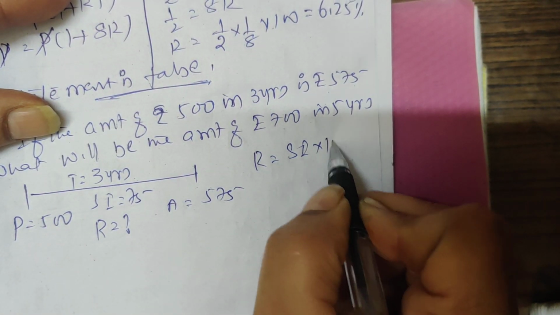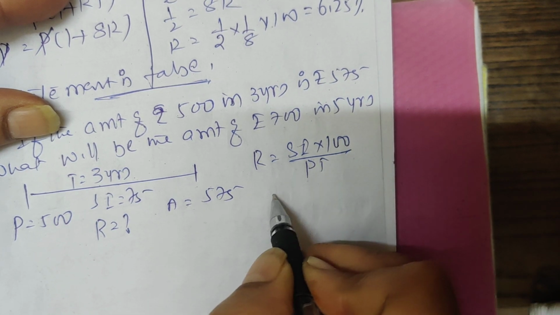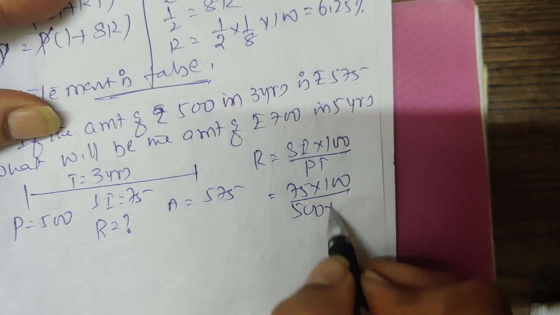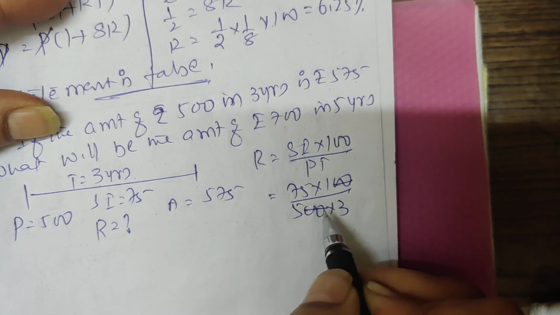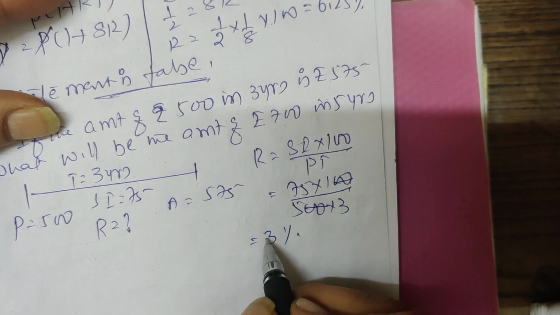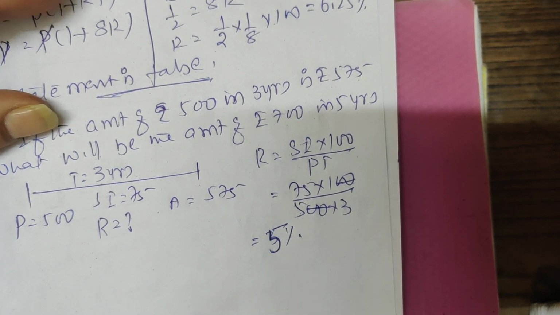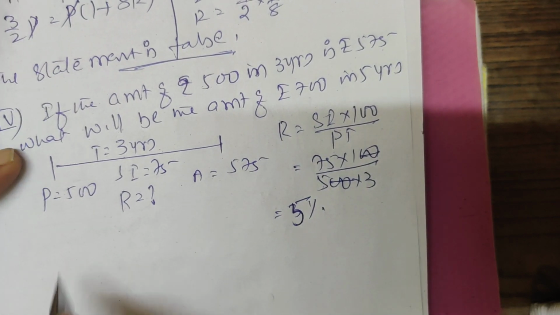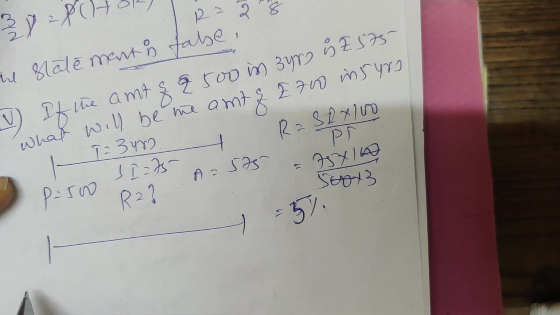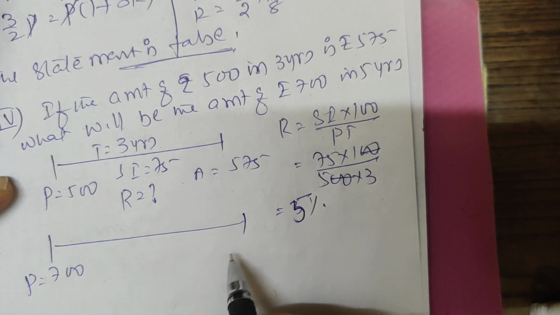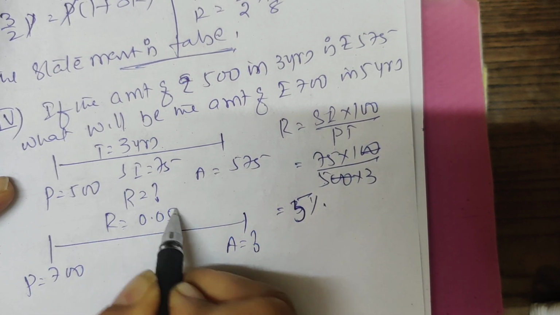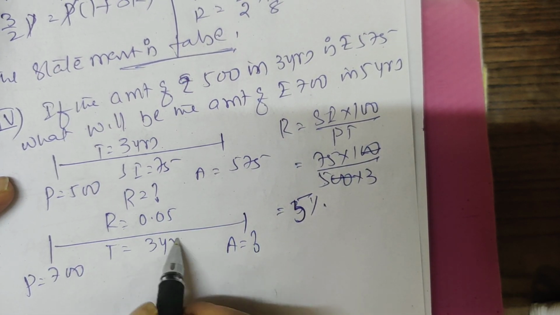Simple interest into 100 divided by PT, 75 into 100 divided by 500 into 3, so 5%. Let us consider the second part of the question. Principal is equal to 700, amount is equal to question mark, rate is equal to 0.05, time is equal to 3 years.